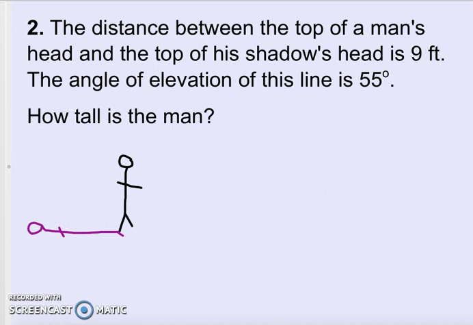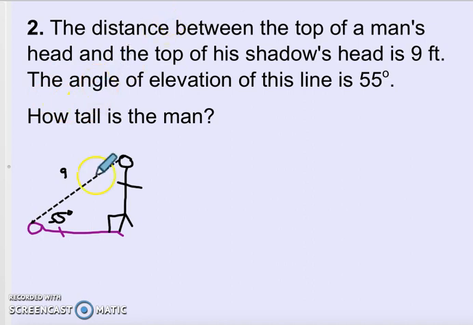Let's see if I can draw a dotted line or something. That's 9 feet. The angle of elevation of this line is 55 degrees, so 55. Okay, I didn't draw the straightest of lines, but that's a right triangle. How tall is the man?